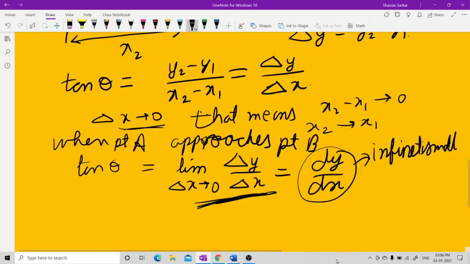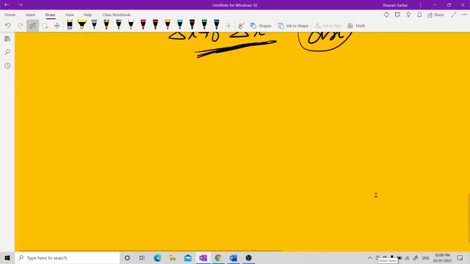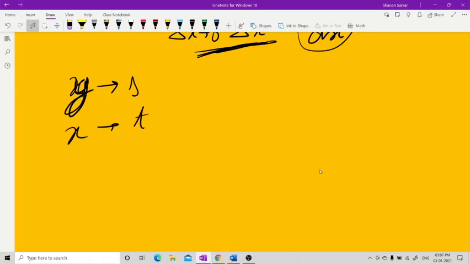Before that, let me give you the list of derivative formulas that you need. I hope you understood why this is dy by dx. Similarly, instead of x you write t, and instead of y you write s. Then dy by dx becomes ds by dt.